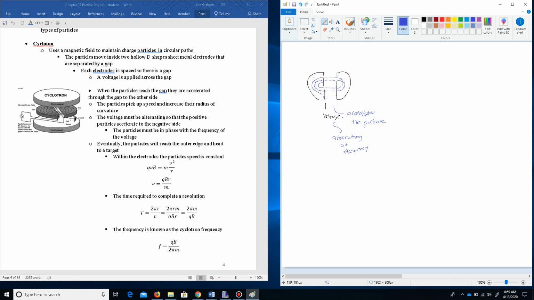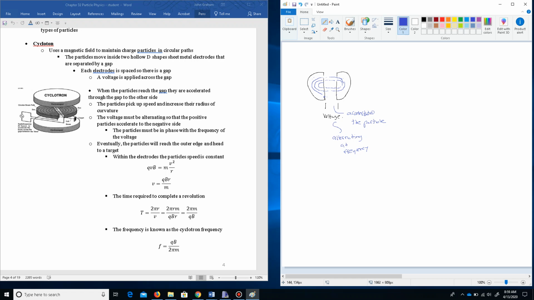And this particle has to move so that when it reaches this gap, it's always in phase with it, and so it always is causing this particle to accelerate as it moves through. Because if it ever reverses, then it will slow this particle down and do the opposite of what you want. So you want the particle to reach that phase as soon as it's right in order to make the jump and to accelerate through.